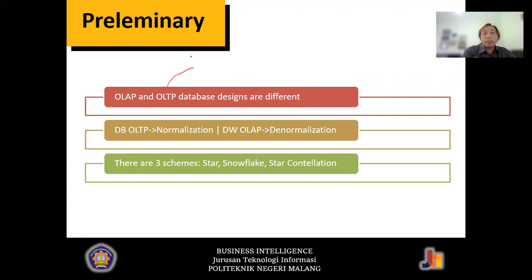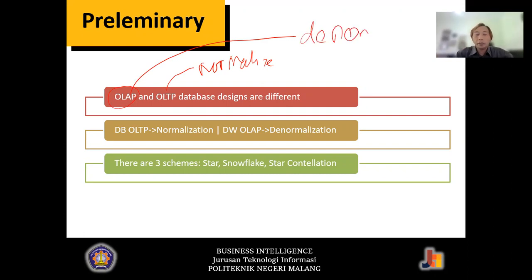the OLTP database design should be normalized. And the OLAP database design should be denormalized. So we need to change the concept of the database from normal into the unnormal or not normal database design.